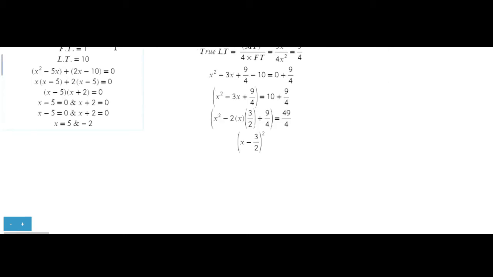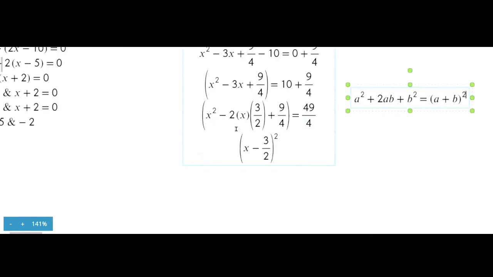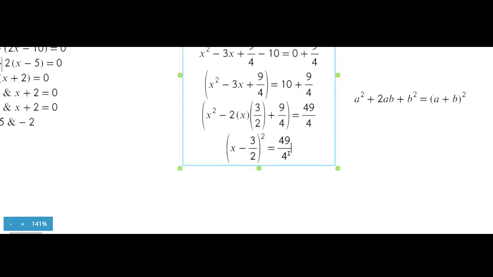Let me write that down for you to recall: if your given expression is a square plus 2ab plus b square, you can write it as a plus b whole square. That's what I did here. It is just that my middle term is negative, so the sign of the second term stays negative here, is equal to 49 divided by 4. Okay, so we have reached this part.